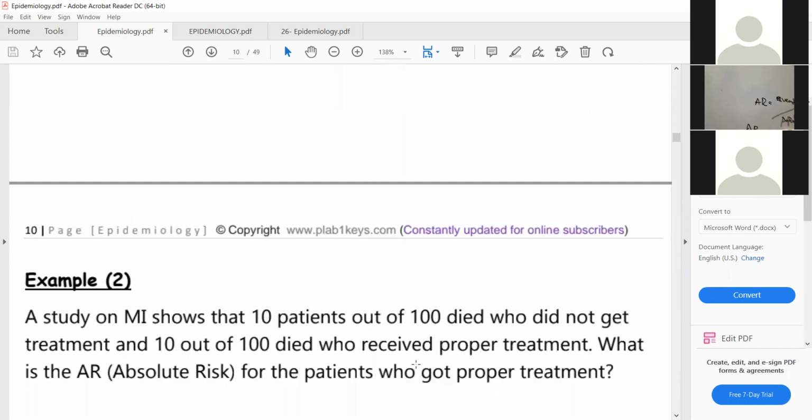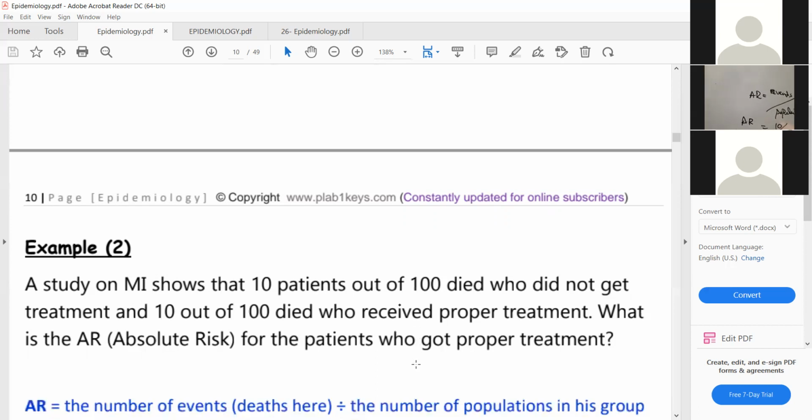Now another example is a study on MI shows that 10 patients out of 100 died who did not get a treatment, and 10 out of 100 died who received proper treatment. What is the absolute risk for the patients who got proper treatment? So what will be the absolute risk for the patient who got proper treatment?